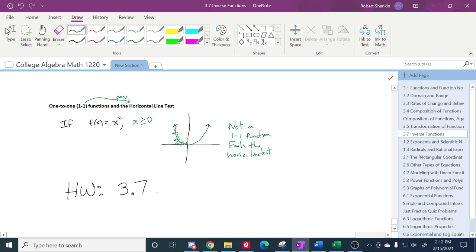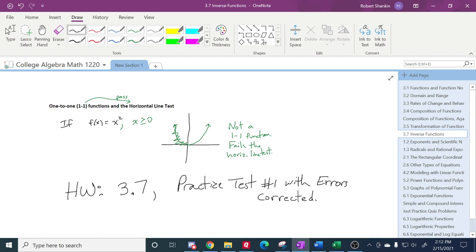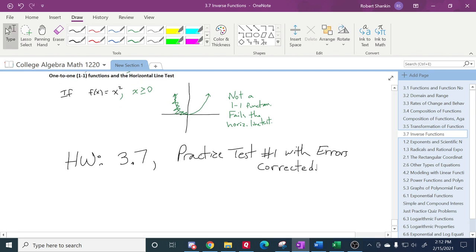Also before the exam is practice test number 1 with errors corrected. You don't have to upload the whole thing. You just upload the problems that you missed with the errors corrected into that upload to get the full 10 points for that.